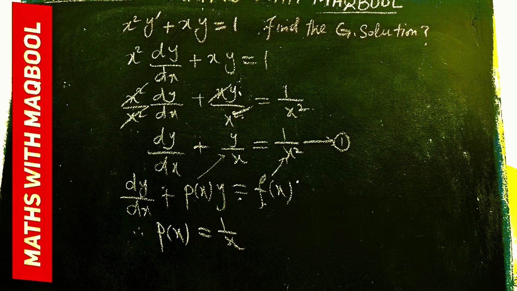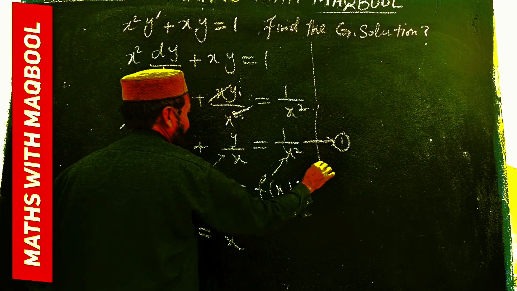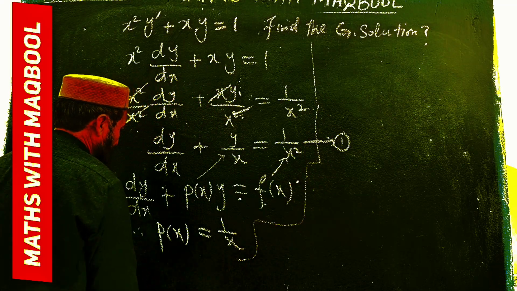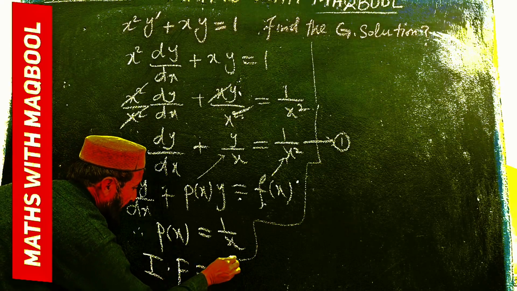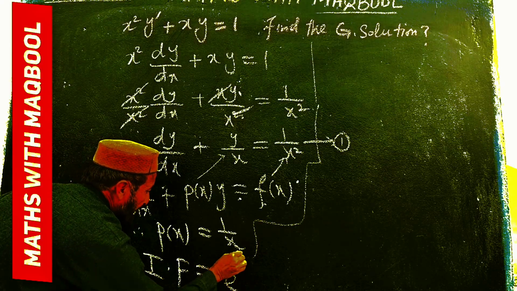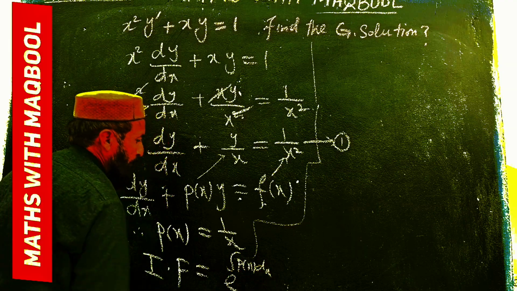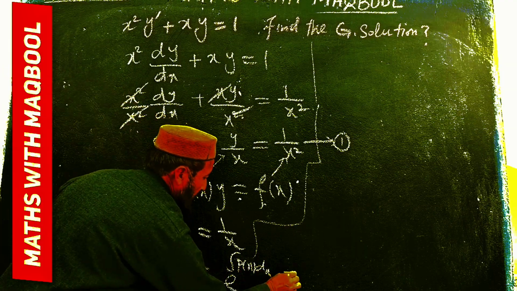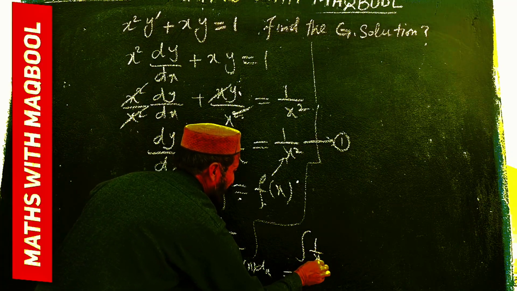Now we try to find the integrating factor of this equation. The integrating factor is e raised to the integral of p of x dx, which is e raised to the integral of 1 by x dx.